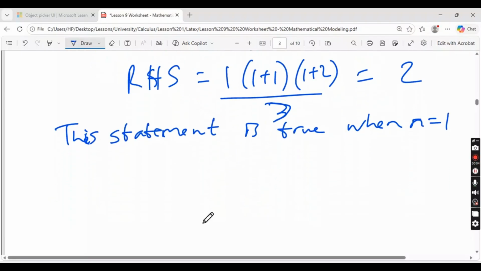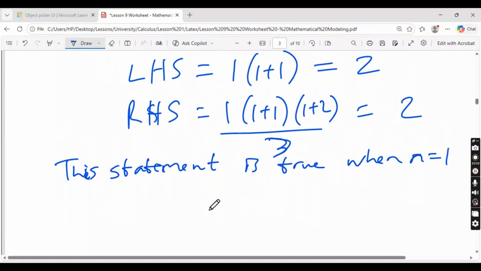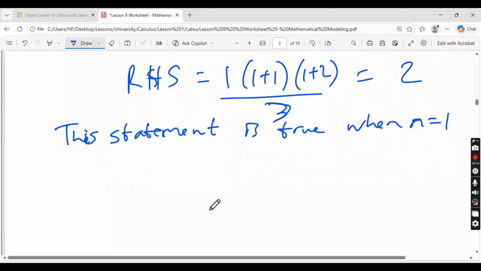Okay. What's next? We now prove for n equals k.